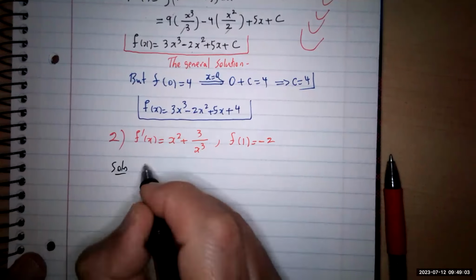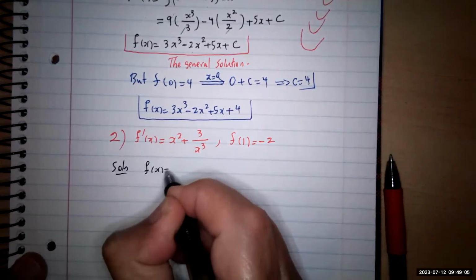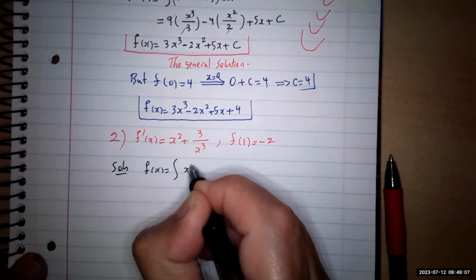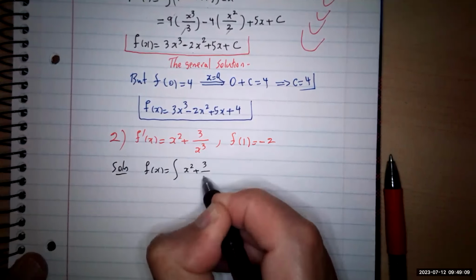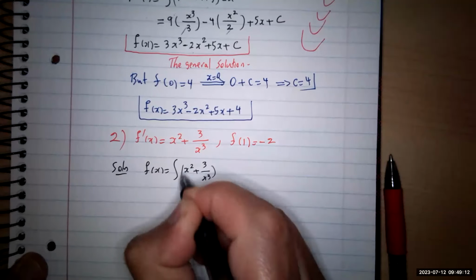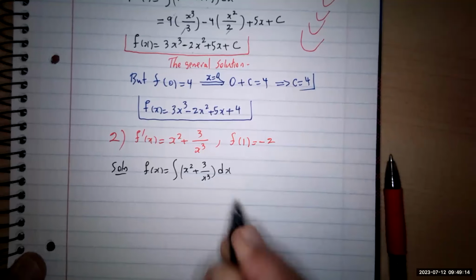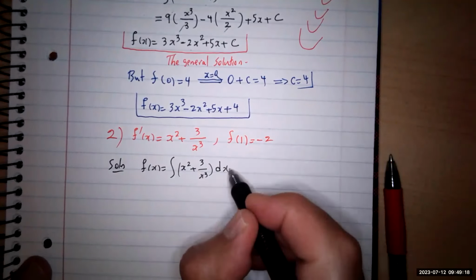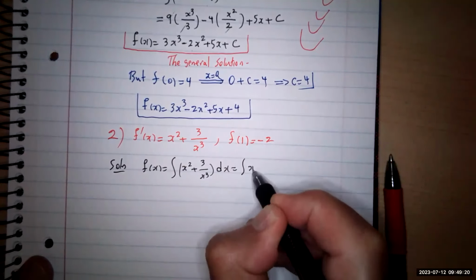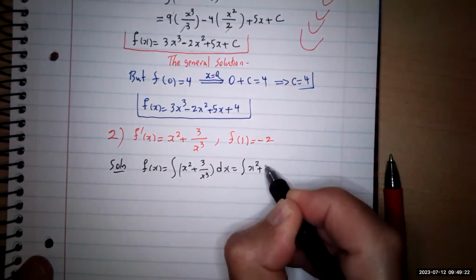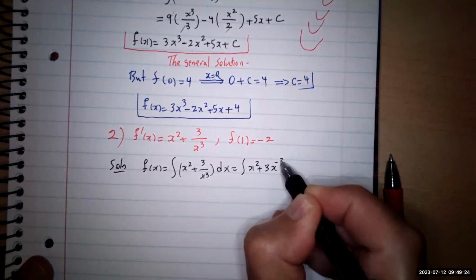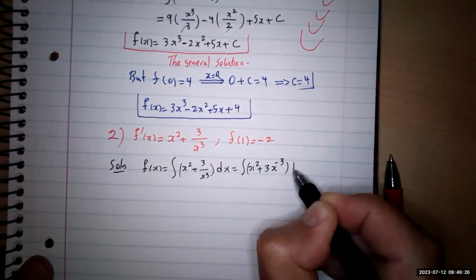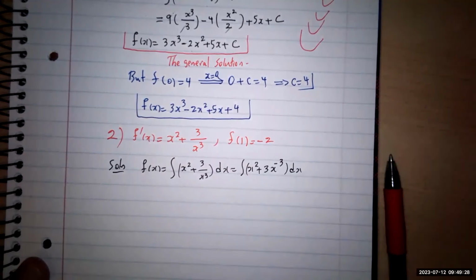So this is going to be the solution. Say we integrate, so f of x would be the integral of x squared plus 3 over x cubed dx. You find this integral. Of course, there is x cubed here, you have to move it up. So it's going to be the integral of x squared plus 3 x to the -3 dx. Okay, integrate it.